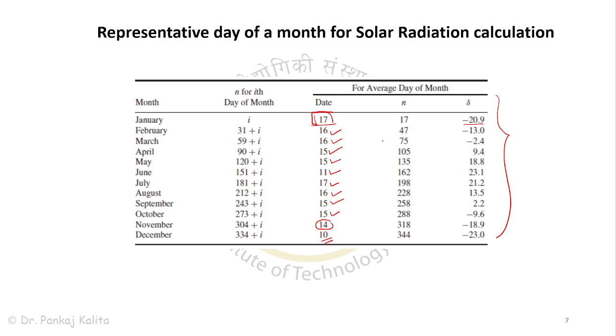This table signifies that you can calculate a whole month's solar radiation based on an average day of the month, and these are fixed parameters. I don't think you need to remember this, just keep it in mind. Okay.